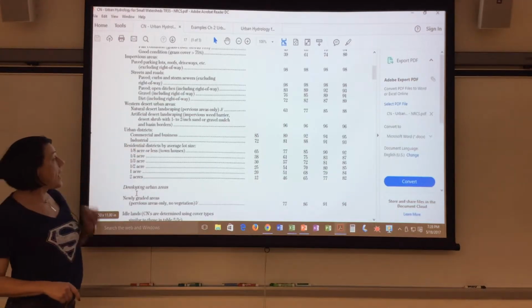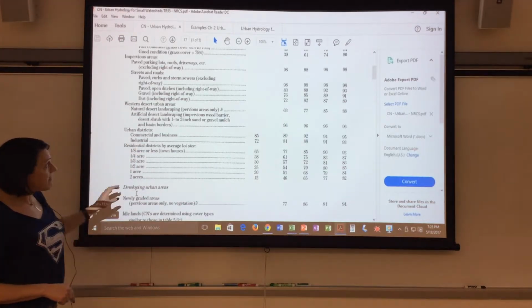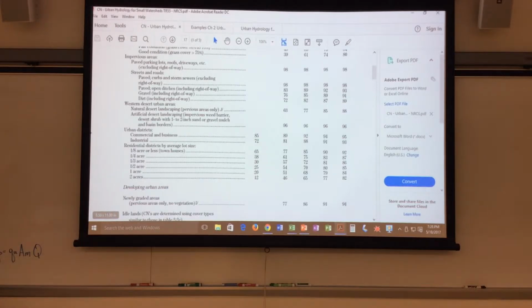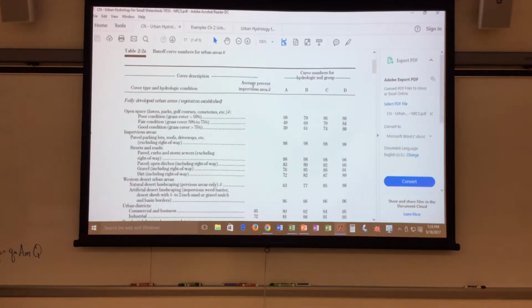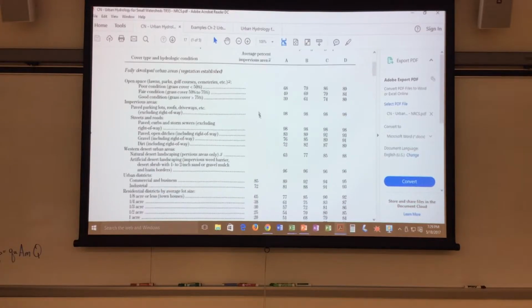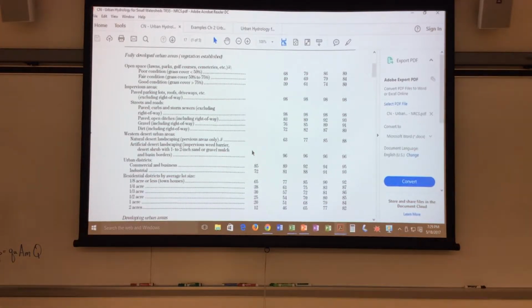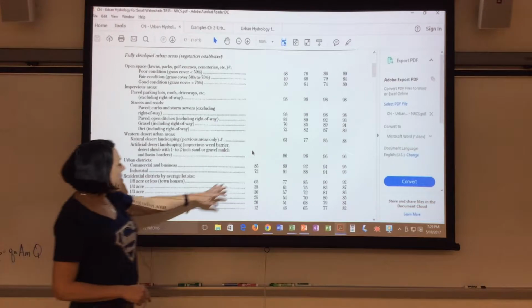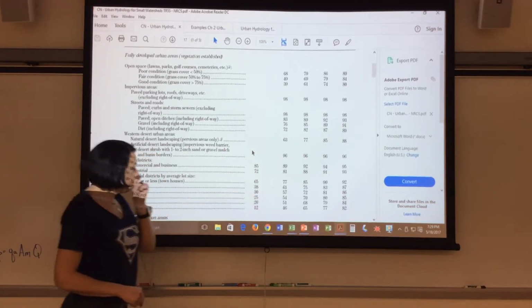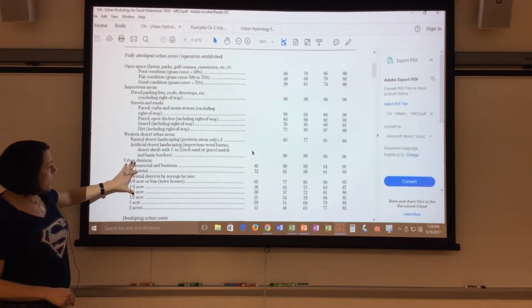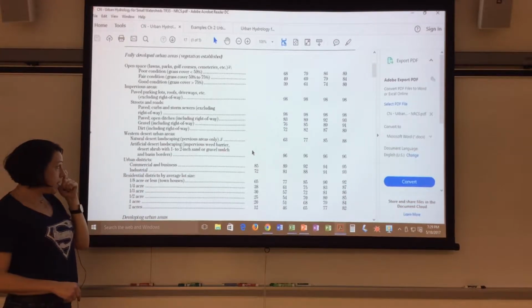You have also in here, I'm going to scroll down for the urban land, the commercial and business. So at the top of this, take a look at what this says. Average percent impervious area. Okay? So you have 85%, 72% associated with these types of urban development.